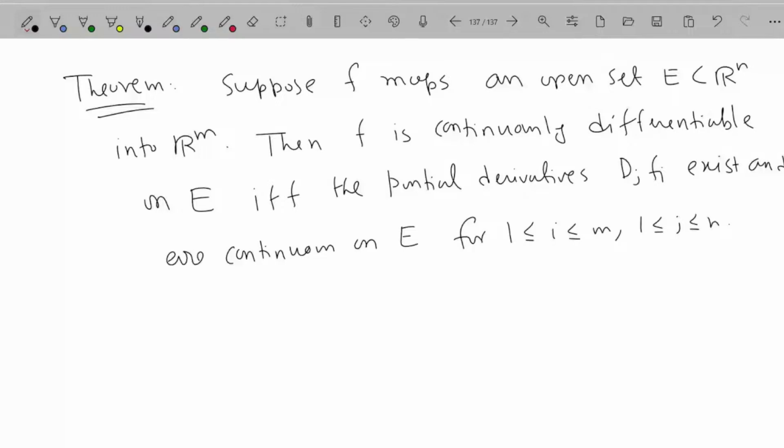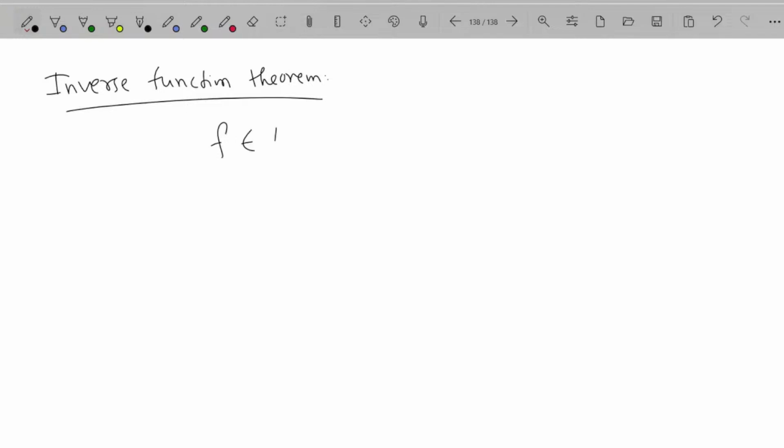Because we have a little bit of time, I will just roughly speak about what the inverse function theorem and the implicit function theorem are. So what it is saying: suppose we have a mapping from Rn to Rn. Let's say F is a mapping from Rn to Rn.